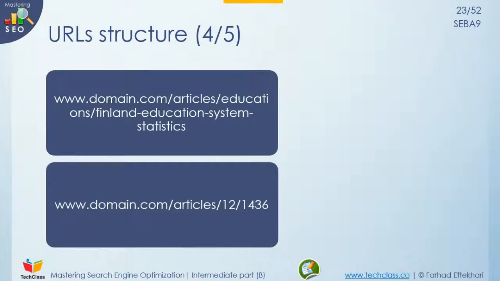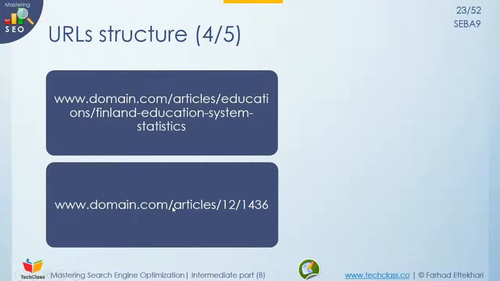Here you can see two examples of a URL structure. The first one, when you read it, you see articles directory and then education, Finland education system statistics. Very easy to read. When you look at it, you completely know what's going on there. This is our domain name. The section is articles, then something related to education, the articles in this category, and then this is the title of the article.